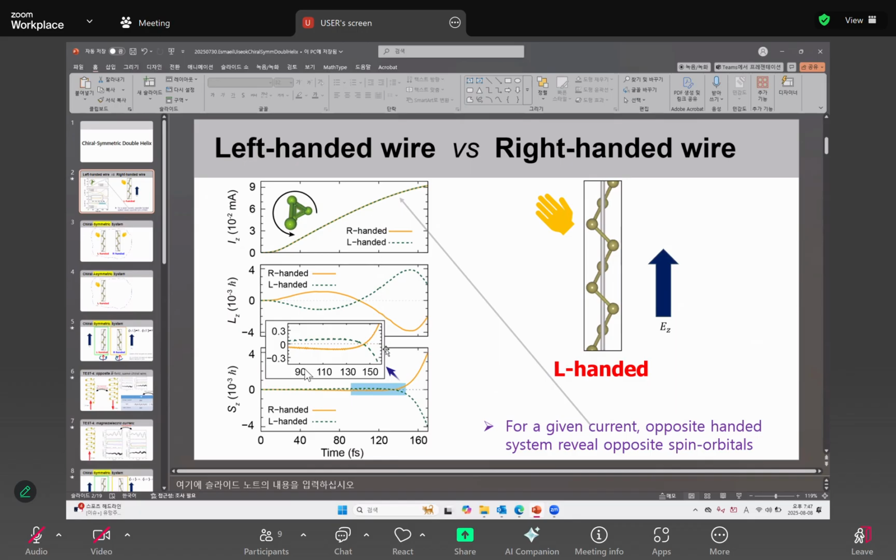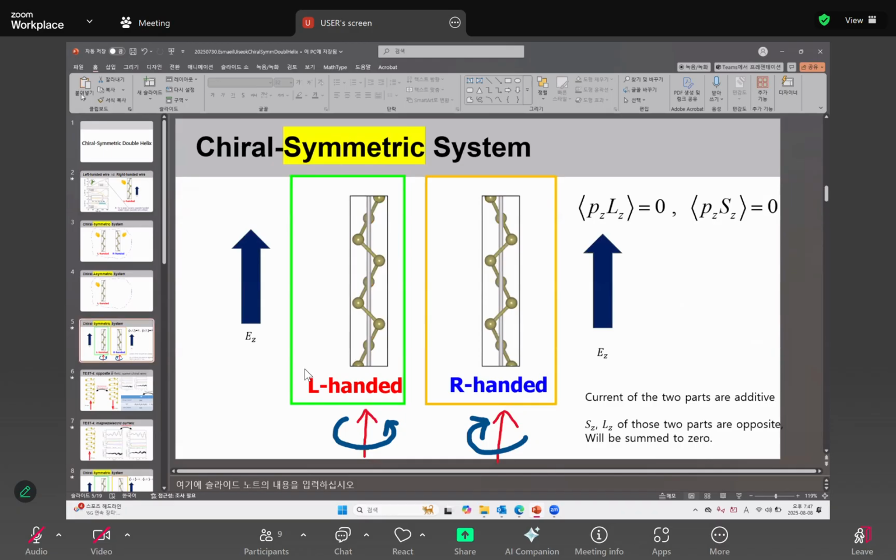We plot both the left-handed and right-handed, but only think about the left-handed case. Current times orbital. Current is a linear momentum. Orbital and spin are angular momentum. If you multiply, think of this one, a chiral asymmetric system.